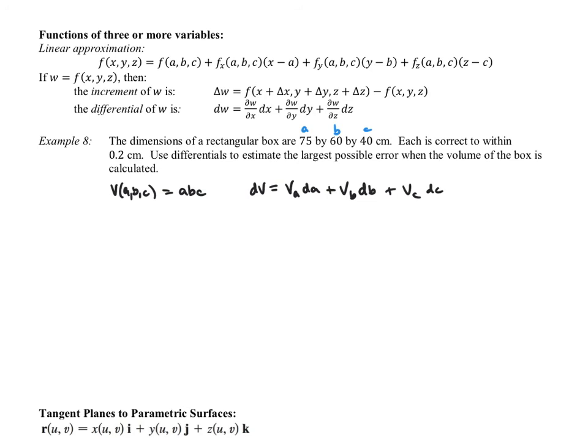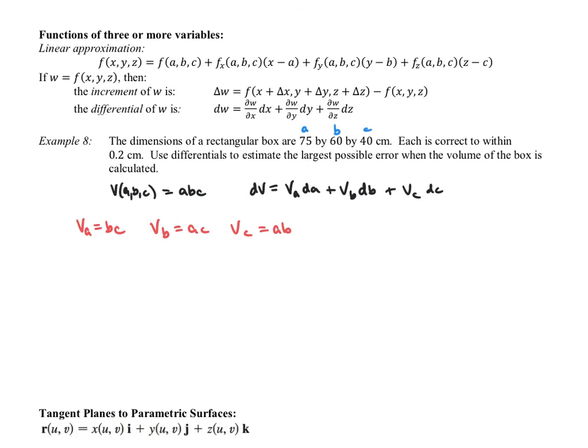And those are all the elements we're searching for here. Okay, so the derivative with respect to A is of course BC, derivative with respect to B is AC, and the derivative with respect to C is simply just AB.